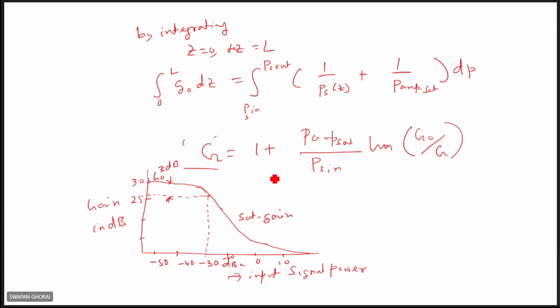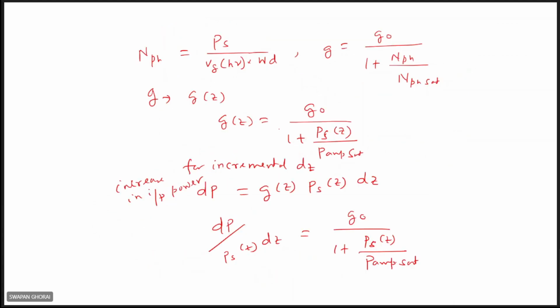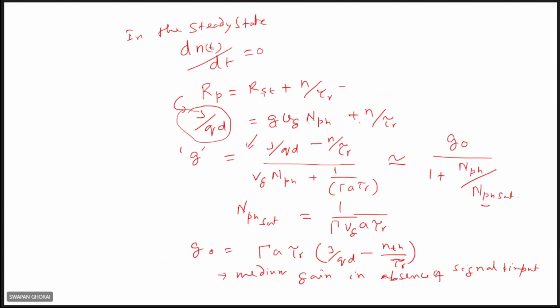That we'll see next time. So today it is this much, up to rate equations. Up to rate equations, we can have this gain G, that is actually G0 by this one, where G0 is the small signal gain, when there is no signal. And that signal still will get some gain, right?